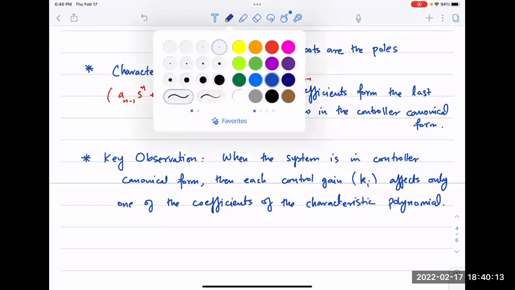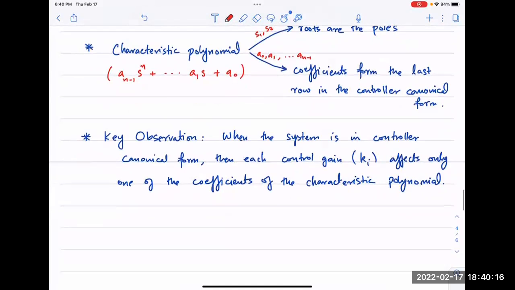So, I mean, this makes the controller canonical form very convenient, right? So therefore, the controller canonical form is convenient for control design.